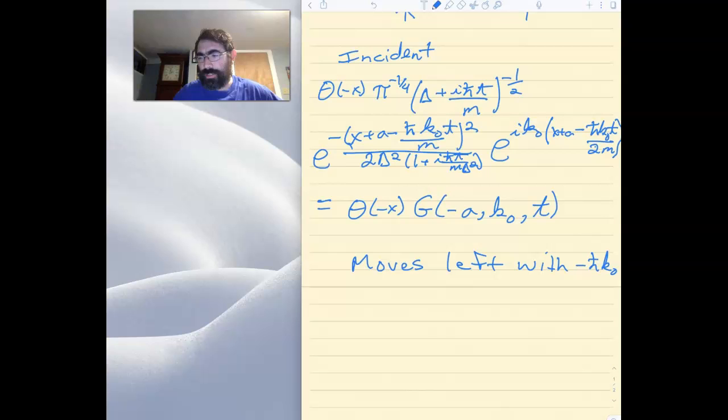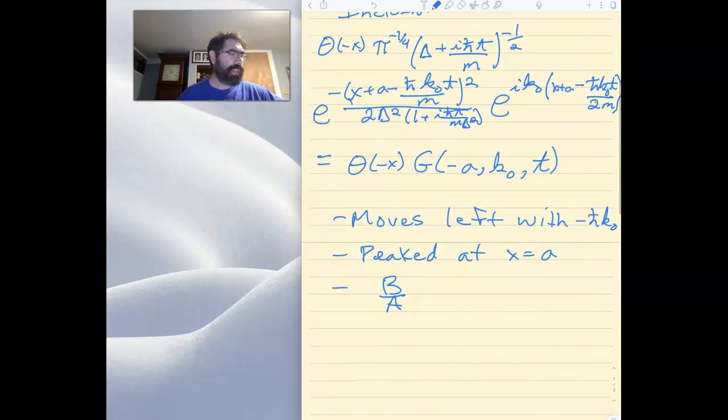It's peaked, its centroid is at a, and it has a factor of B over A multiplying it to give it its normalization, the size of which this wave packet has.